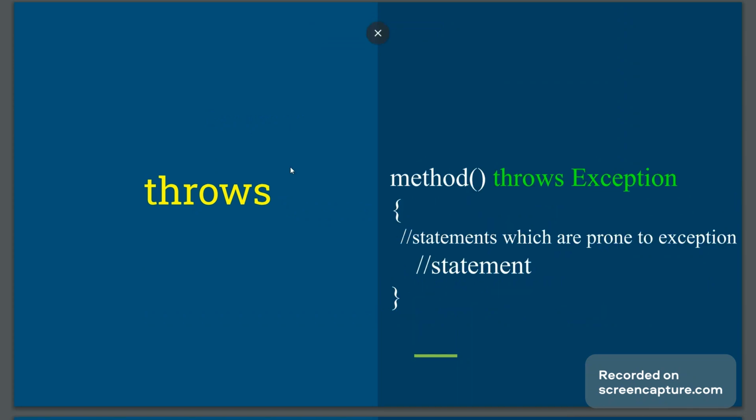But in case of throws, JVM will handle that exception on its own, and there is no chance to write the corrective code for handling the exception. So that will be handled internally. We cannot write corrective code of our choice.